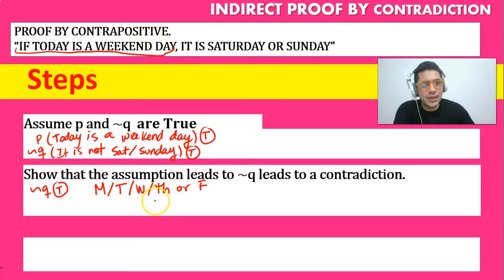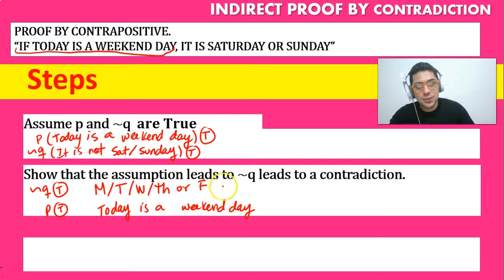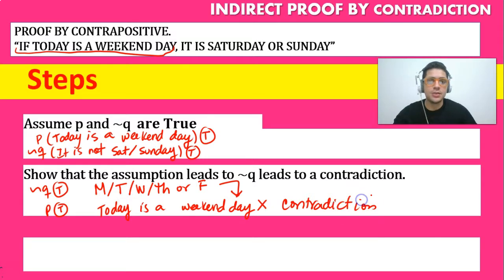But now that we know that it is either Monday, Tuesday, Wednesday, Thursday, or Friday, and we just said that P was also true, we said that today was a weekend day. But if it is one of the days of the week, then it is not a weekend day, right? So that means that we have reached a contradiction because they cannot both be true, right? It cannot be Monday, Tuesday, Wednesday, Thursday, or Friday and still be a weekend day, right?